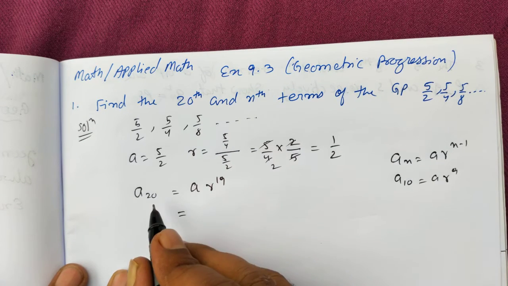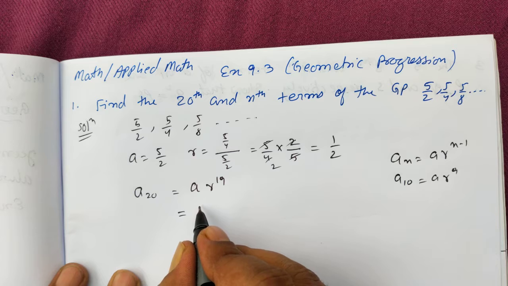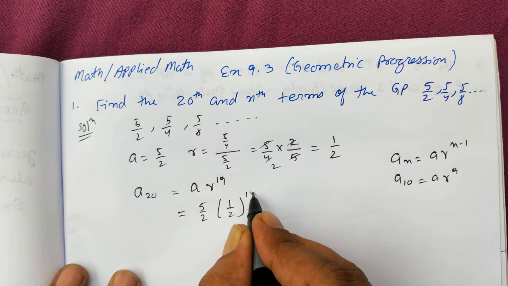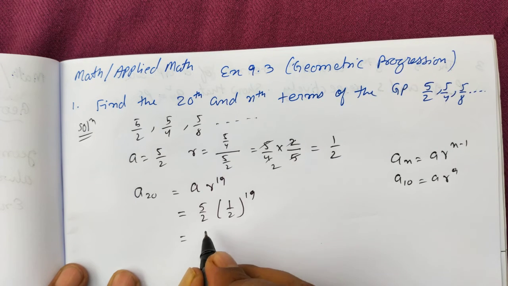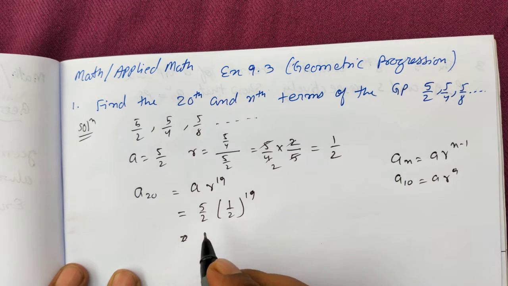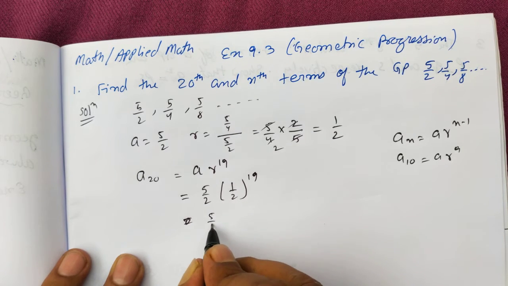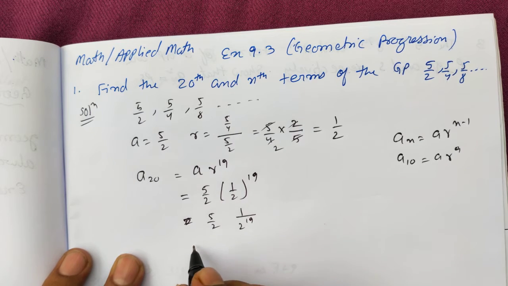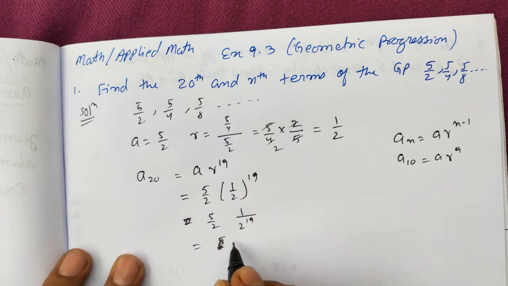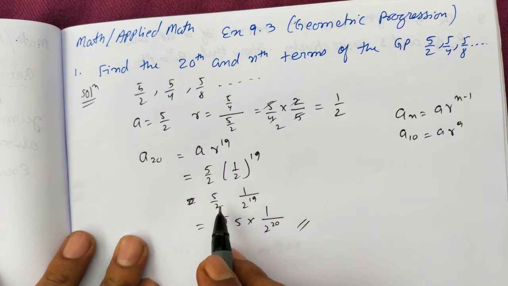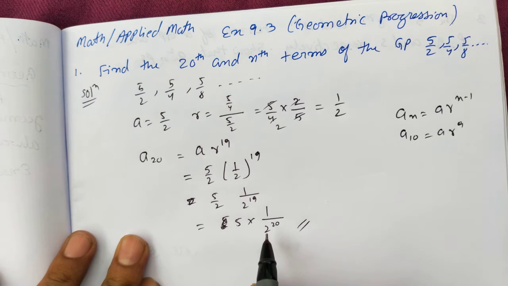So a is 5 by 2, r is (1 by 2)^19. This calculation will be so big, we can keep the answer as it is. Or you can write 5 by 2 into (1 by 2)^19, so 5 over 2^20. You can write it like this also, no problem. 2 power 1 into 2 power 19 is 2 power 20.